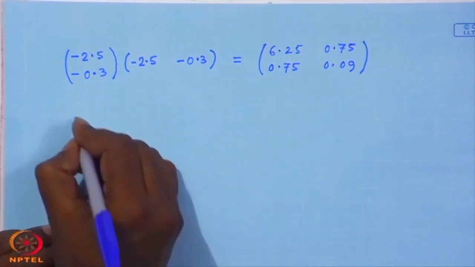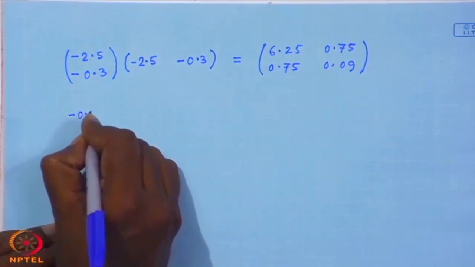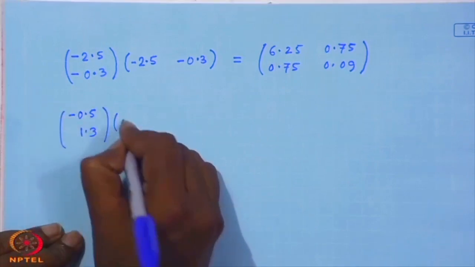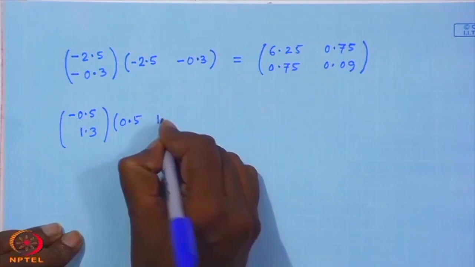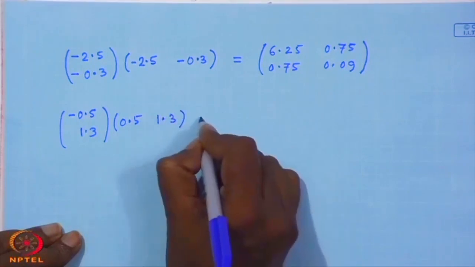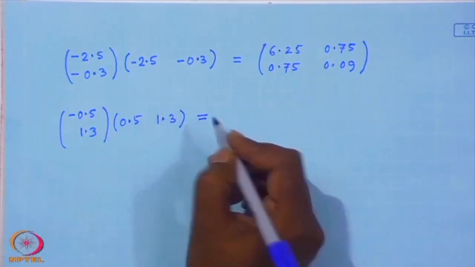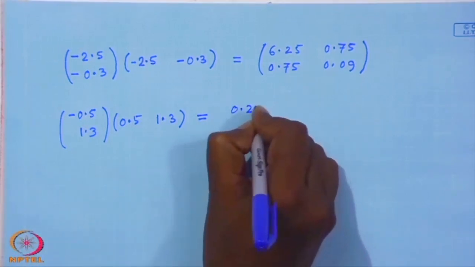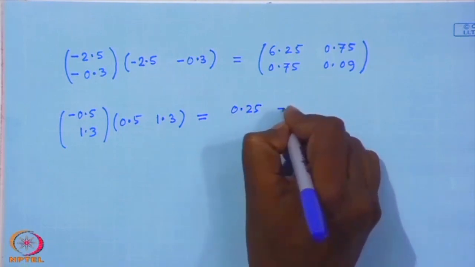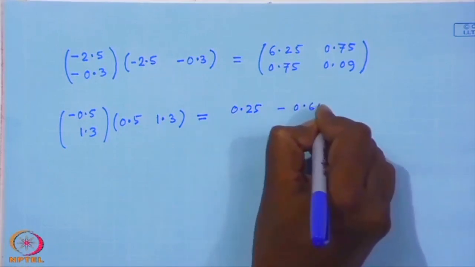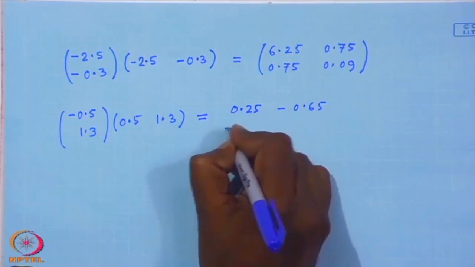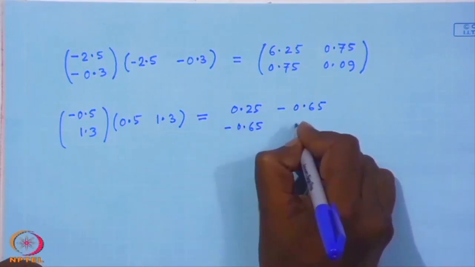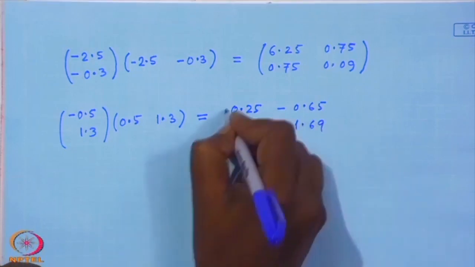Similarly, for the second one, which is minus 0.5, 1.3, times the row vector 0.5, 1.3, when I do this multiplication, this matrix would be 0.25, minus 0.65, minus 0.65, and this one will be 1.69.